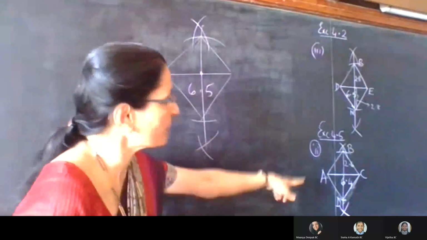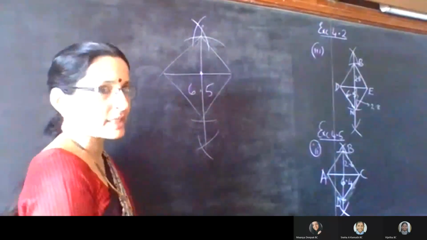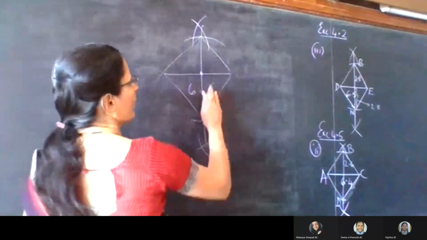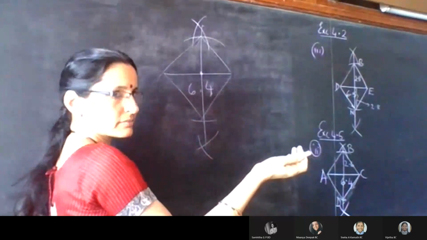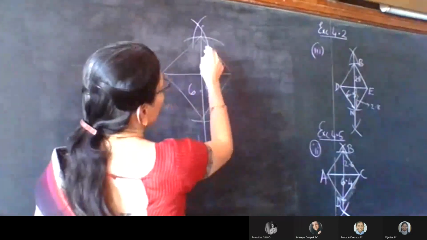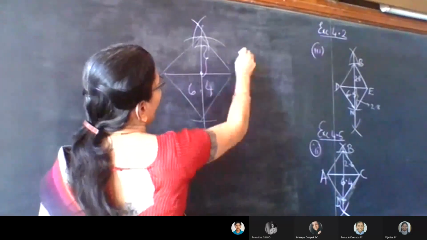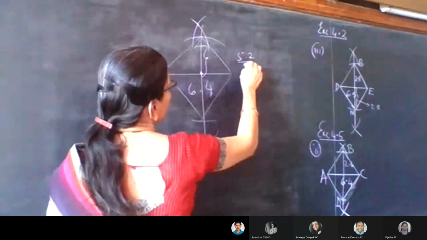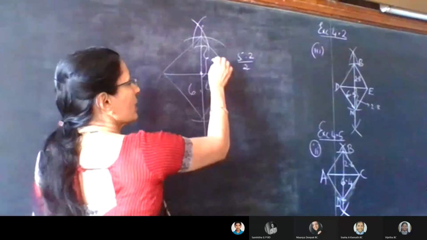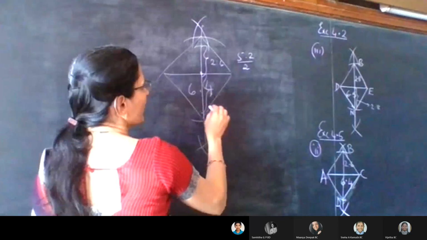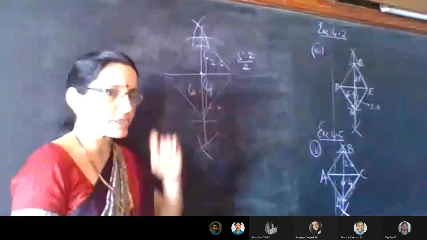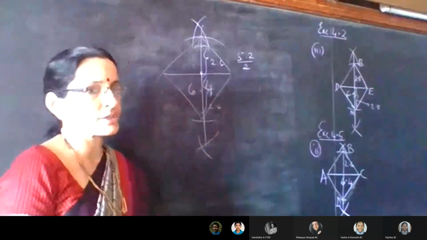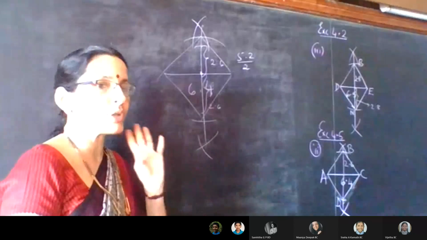But now 6.4 and 5.2 is given. So you will be doing first 6.4, then here 2.6 because it is half of 5.2. So I have to cut the 2.6 and 2.6 in that question 4.5 second question. Of course, you are doing it yourself.